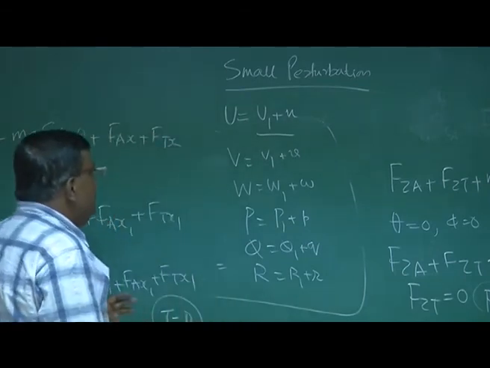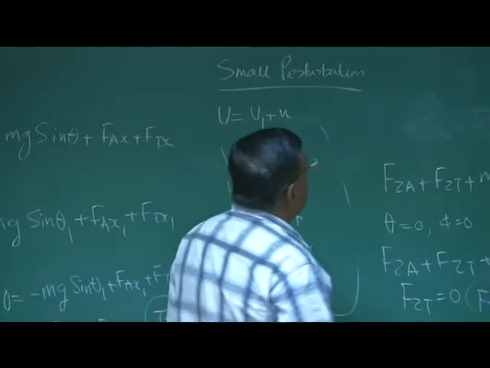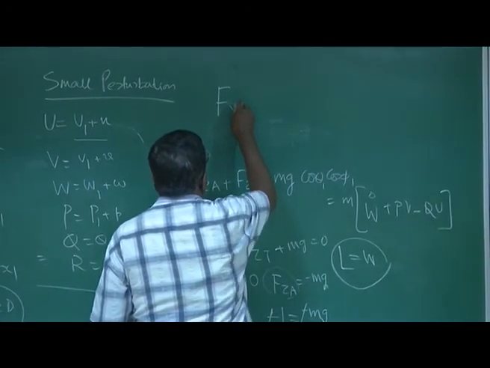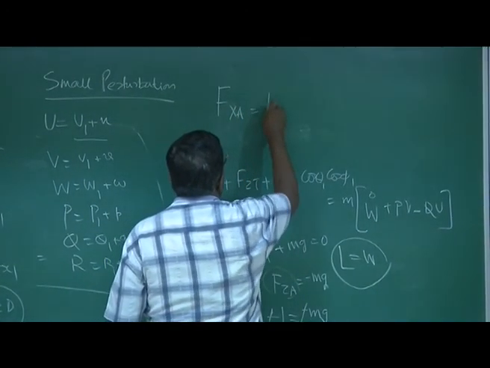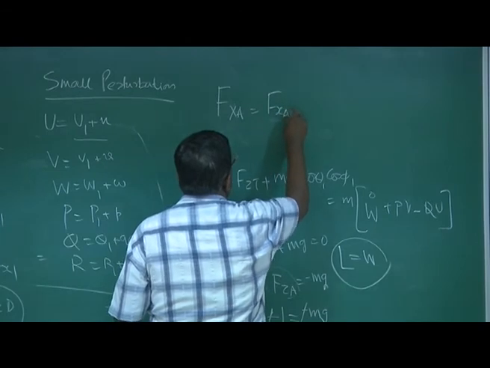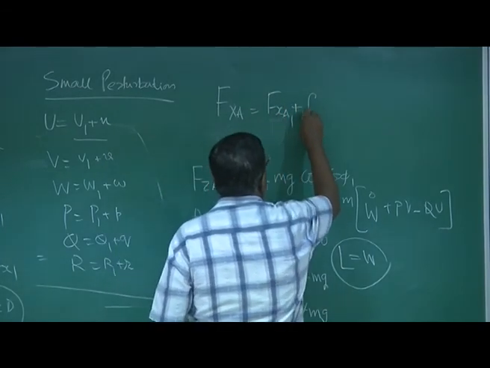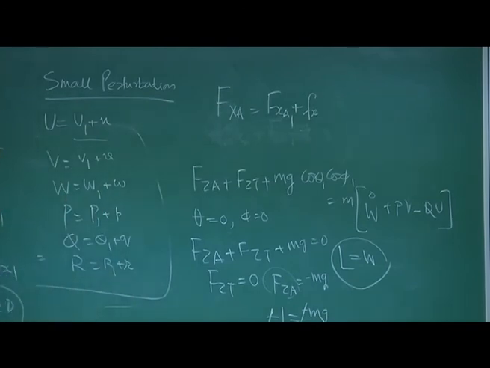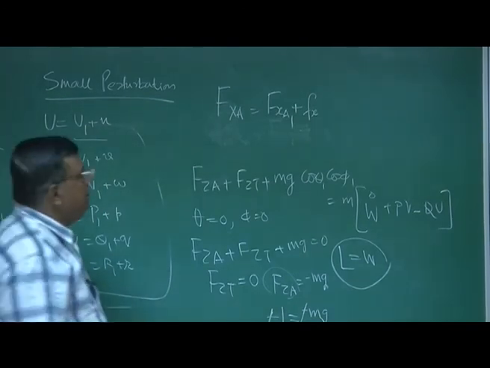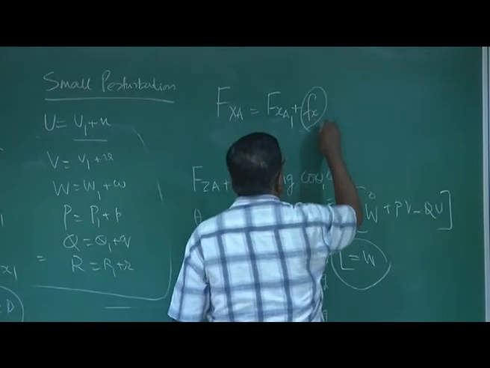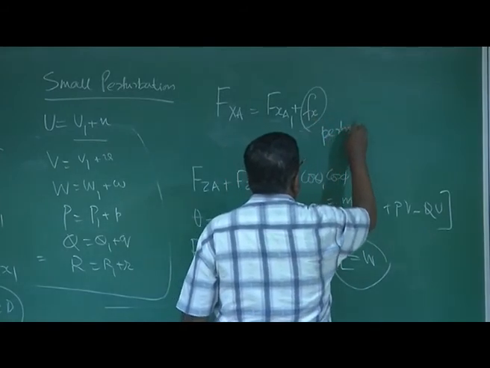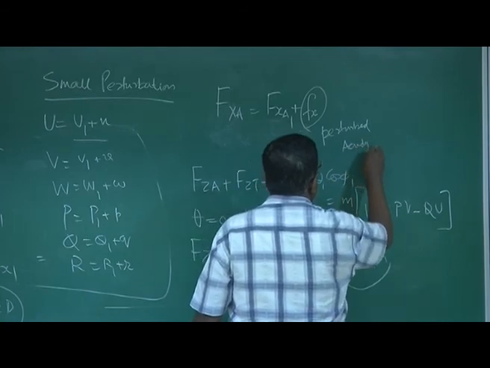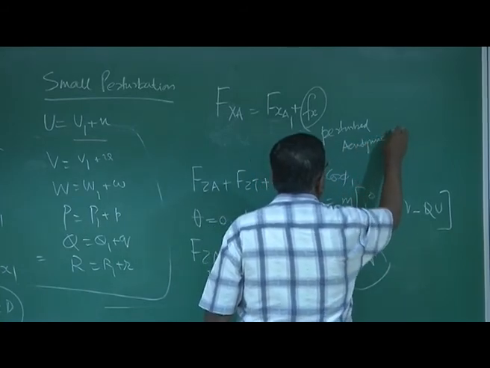Okay. This is one. And then the second thing you should understand, when we talk about aerodynamic force, let's say Fxa, I will write it as Fxa1 at steady state plus small fx. Similarly, for Fz, it is small fz. Right? And what is this fx? fx is the perturbed aerodynamic force.